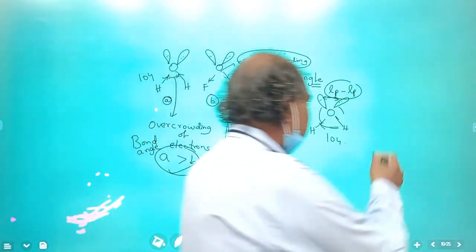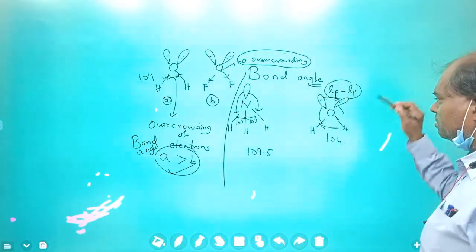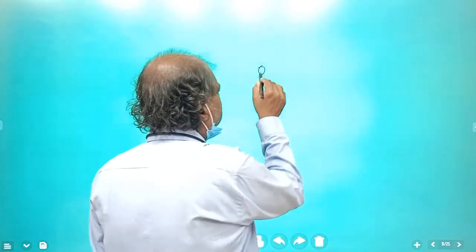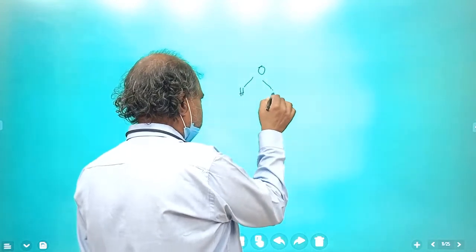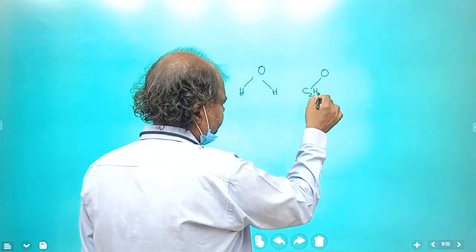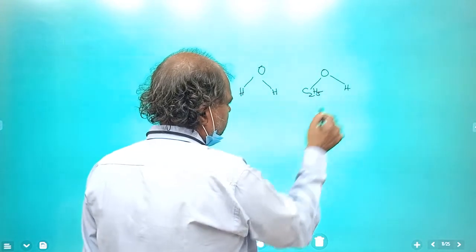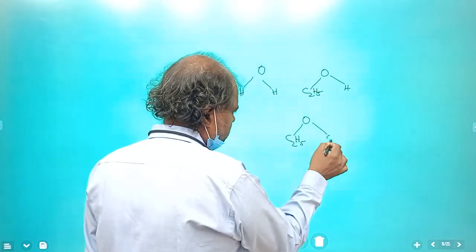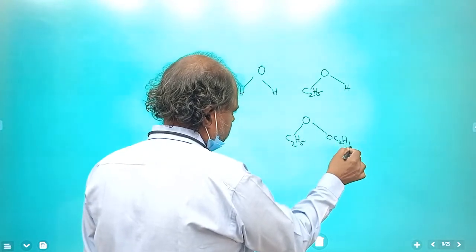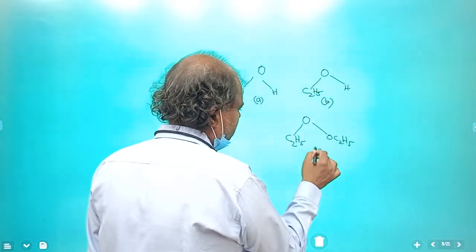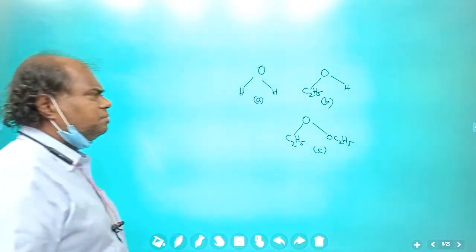Then I'll give you one more very interesting thing. I will take it on the next page. Suppose they give you water, ethyl alcohol, ether: A, B, C. Now see here, A, B, C, right?